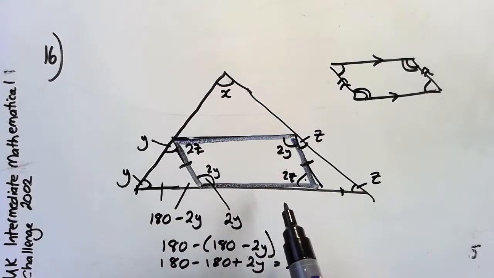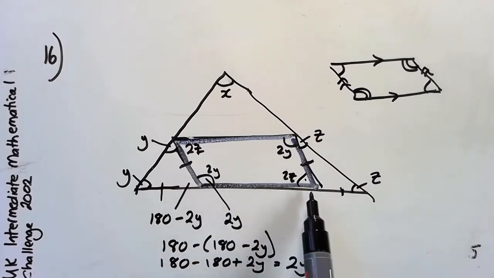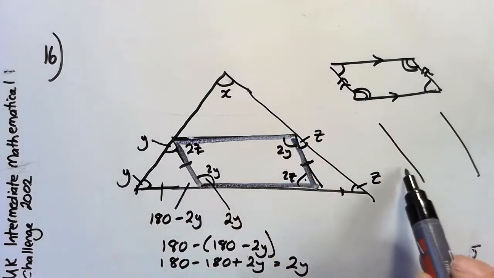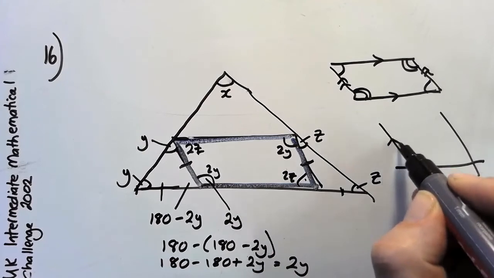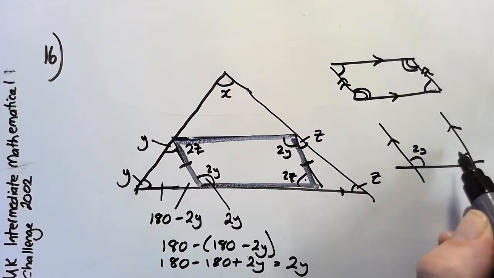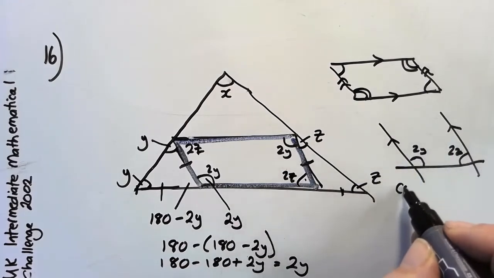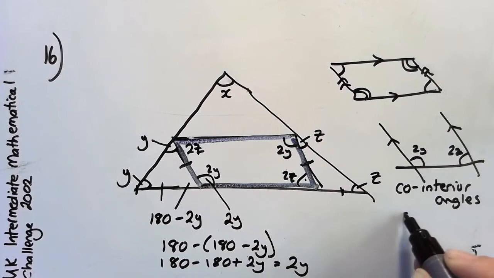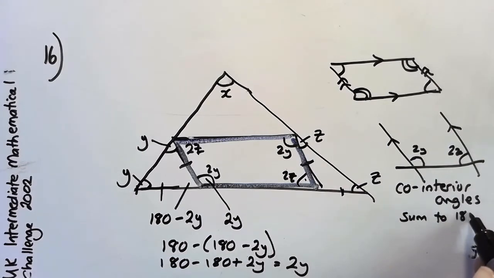That means that we can form an equation. We can say, because these are parallel lines just here, they are the co-interior angles. So what we've got here are 2 parallel lines, this one and this one. We've got a line across here. We've got an angle in here, which is 2Y. We've got an angle here, which is 2Z. And then the co-interior angles sum to 180.